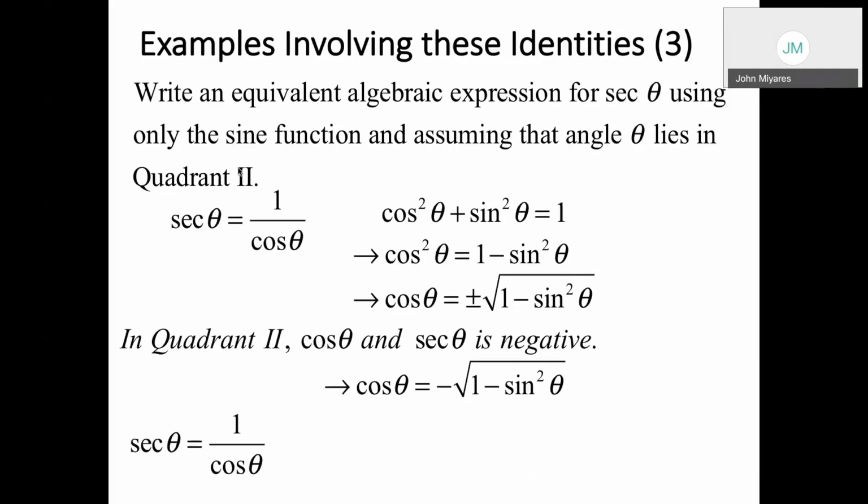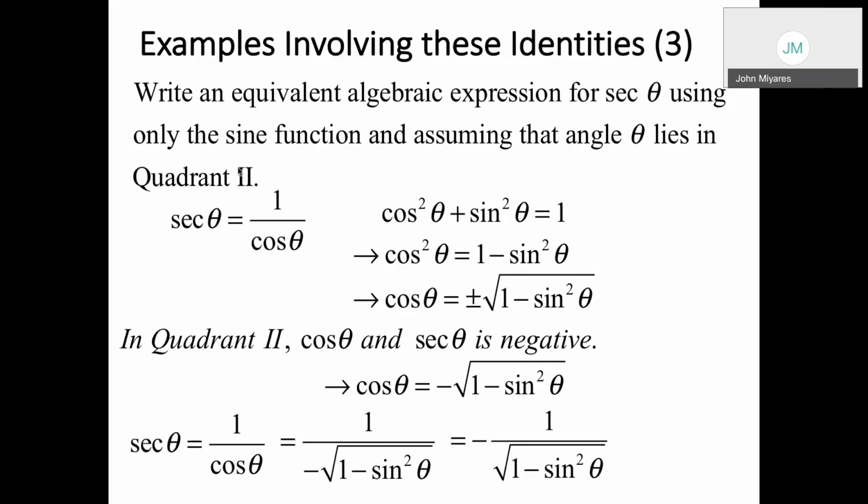If the secant of theta equals 1 over the cosine of theta, and the cosine of theta can be rewritten in this problem as the negative square root of 1 minus sine squared theta, then I can substitute that into the denominator and pull out the negative sign to get my final answer here, that the secant of theta equals negative 1 over the square root of the quantity 1 minus sine squared theta.